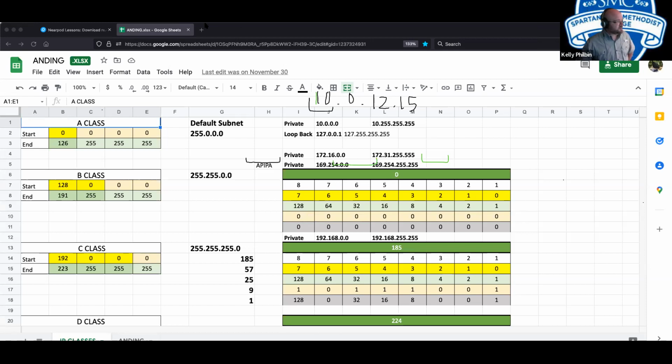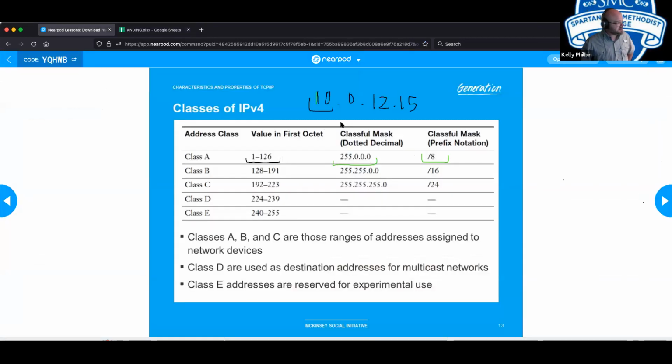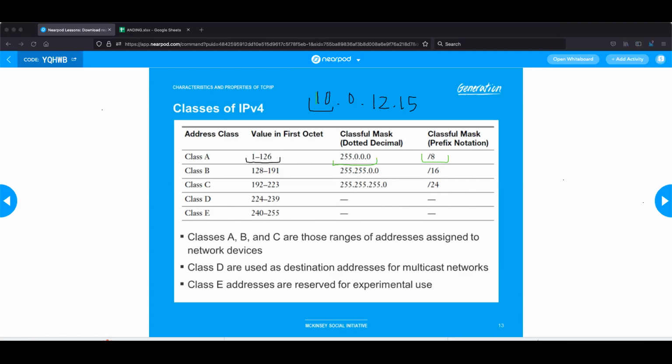So anything with regards to that first octet, 0 to 126, the reason for the 126 cutoff, and it doesn't include all of 127, is because of what is called the loopback address. That is a specific cluster that is used for a specific purpose. It's much like the loopback plug. Remember we talked about the loopback plug? What does the loopback plug do? Checks connectivity.